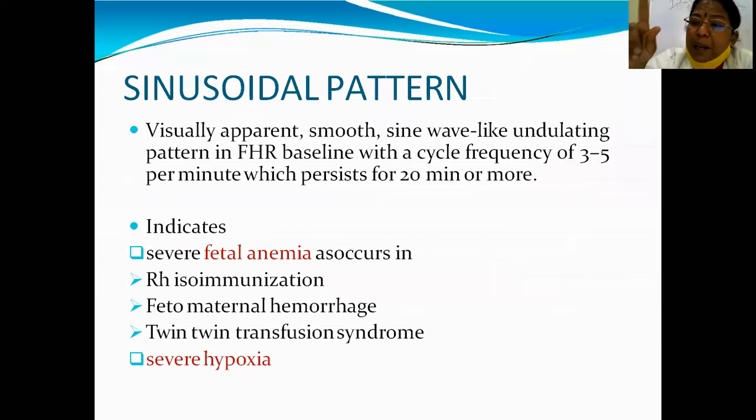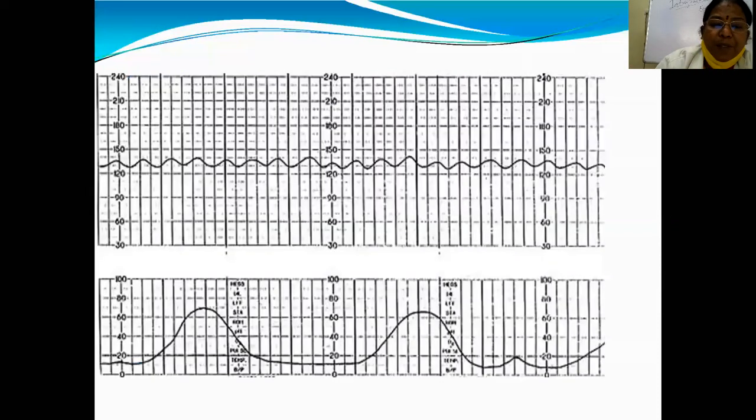This sinusoidal pattern is mainly seen in cases of Rh isoimmunization, when there is severe fetal anemia, which can be because of hemorrhage, isoimmunization or twin-to-twin transfusion, and also when there is severe hypoxia. So with this sinusoidal pattern, we are not happy. Immediate action. See, it is the same pattern going on for more than 20 minutes. This is a sinusoidal pattern.